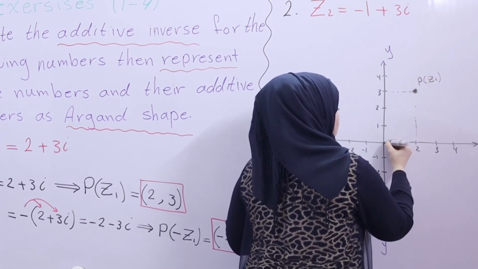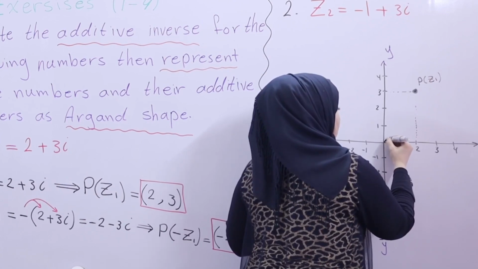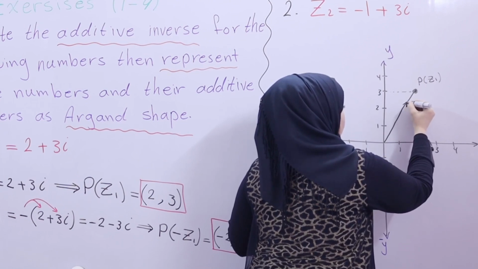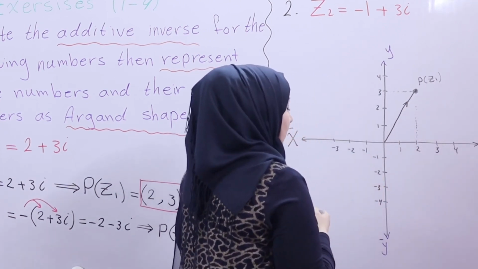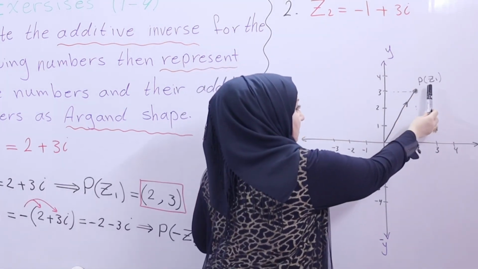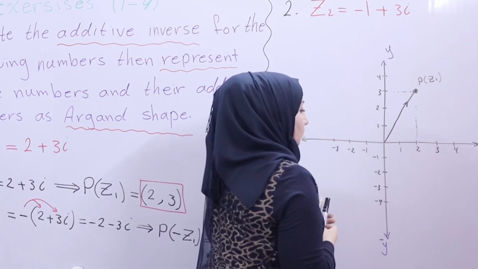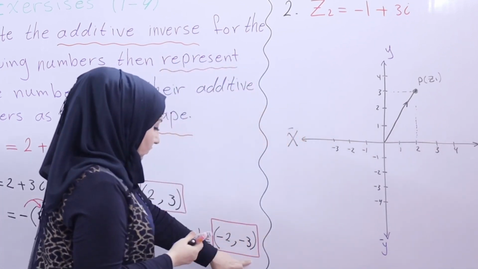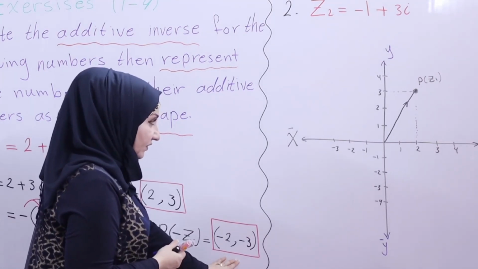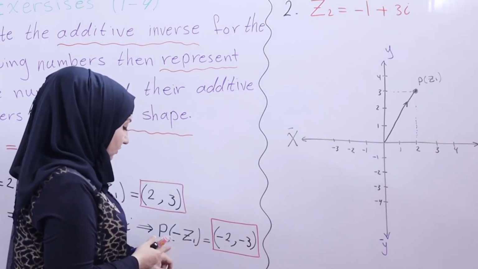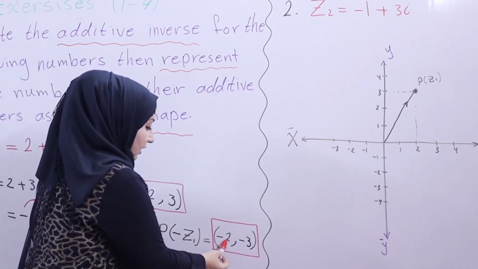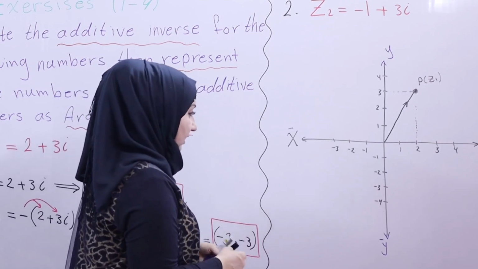And now we want to draw the Argand shape. So we draw this vector. So let's represent the Argand shape for the first complex number, for Z1. And now we want to represent the Argand shape for the additive inverse of Z1, the point of negative Z1, and its coordinates are (-2, -3).